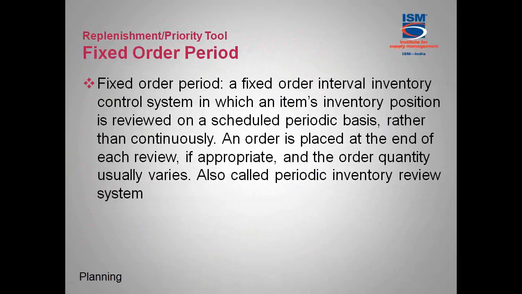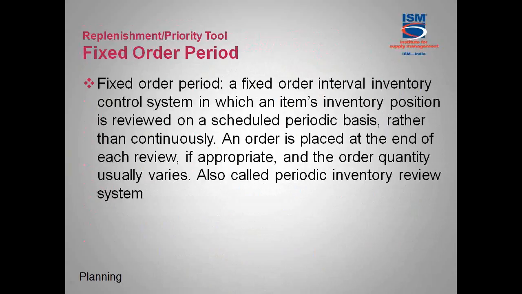This system is very commonly used in the retail industry, where placing an order is not very costly, and we get a number of products from one supplier only, so we can get the complete package mode.